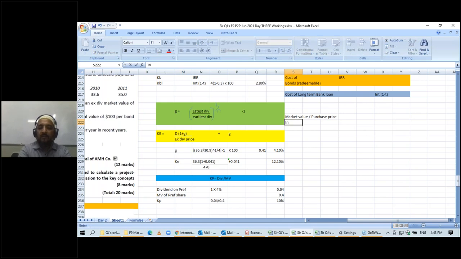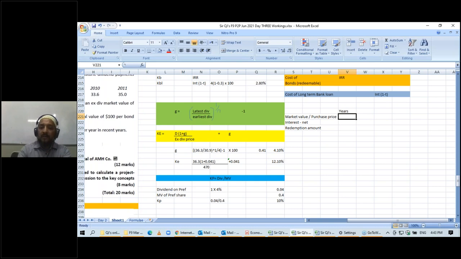Then the interest, which shall be net of tax. And then the redemption amount. These are the three cash flows associated with the bond, the receipts and payments, the present values of which we will be calculating. So the years.